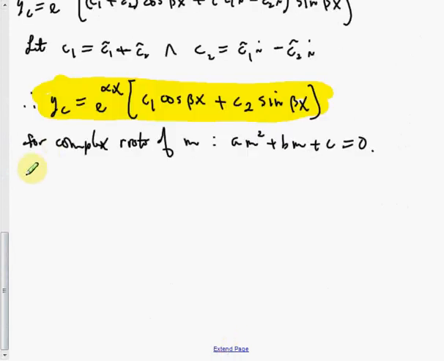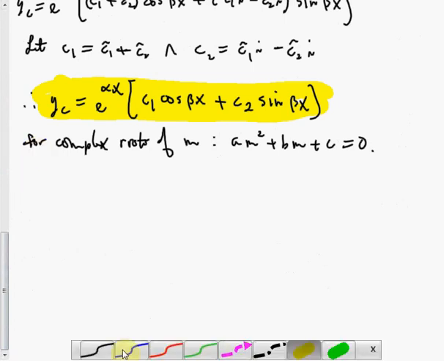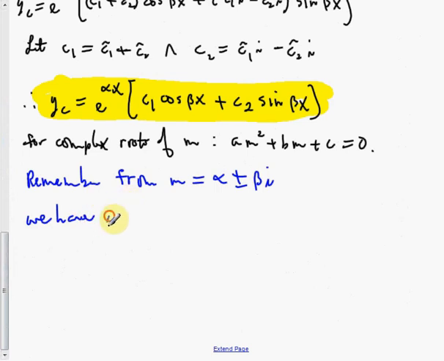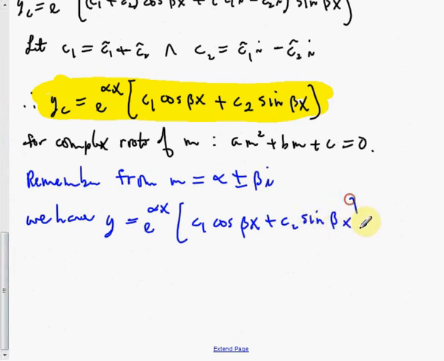So now you've got to remember this. From m equals alpha plus or minus beta i, we have y equal to e to the alpha x times c1 cosine beta x plus c sub 2 sine beta x.